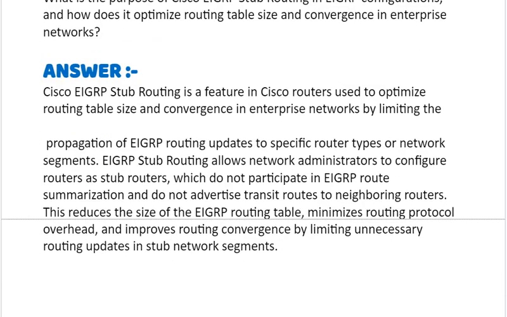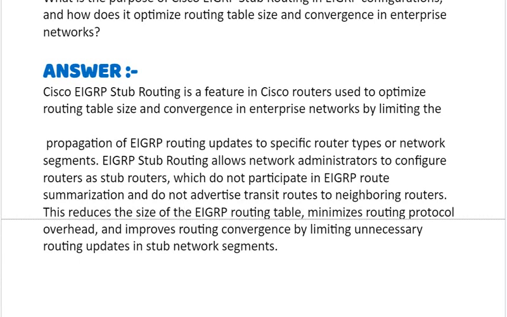Your answer should be: Cisco EIGRP stub routing is a feature in Cisco routers used to optimize routing table size and convergence in enterprise networks by limiting the propagation of EIGRP routing updates to specific router types or network segments.